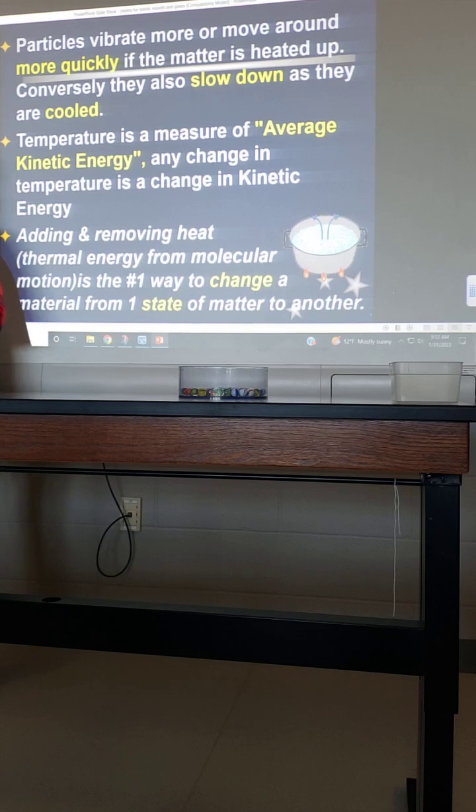I was changing it from a liquid, adding heat to it, caused the molecules to move around more and turn into steam, which is the gas version. So I was able to change it from one state of matter to another by adding heat, right? And so that is one phase change called evaporation.